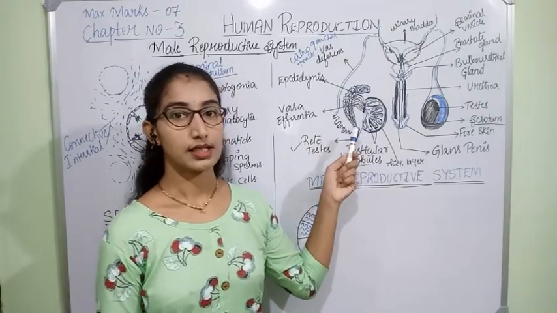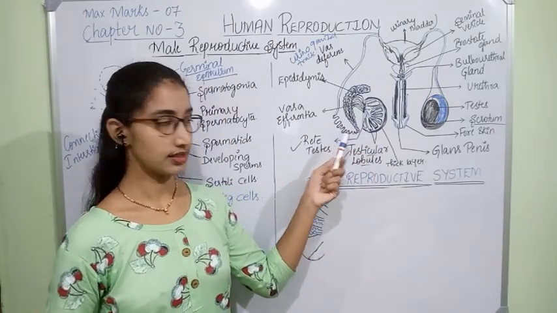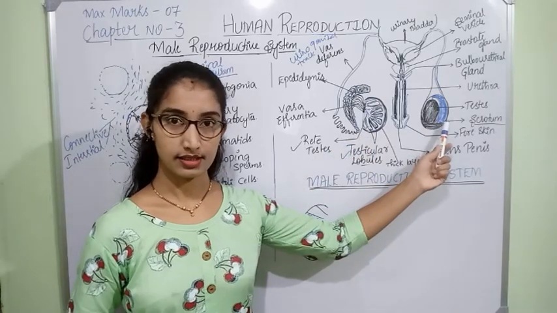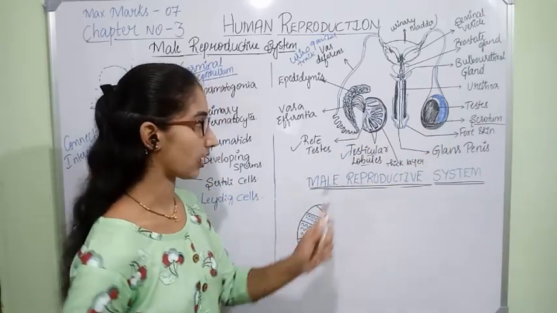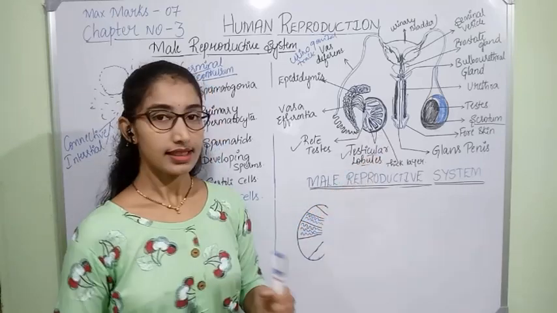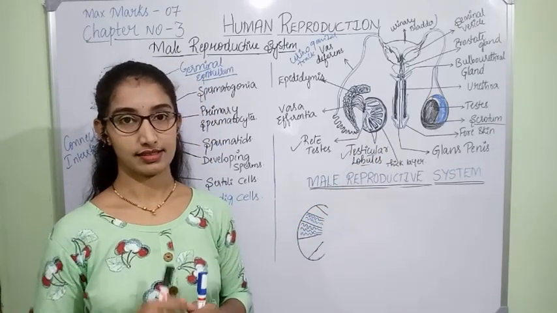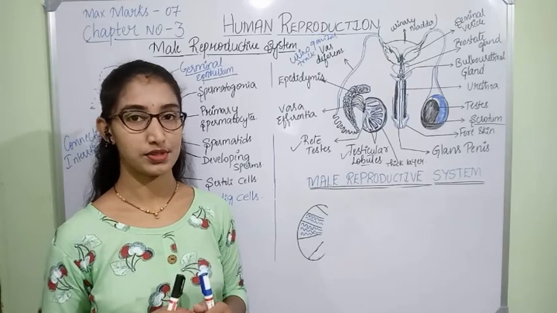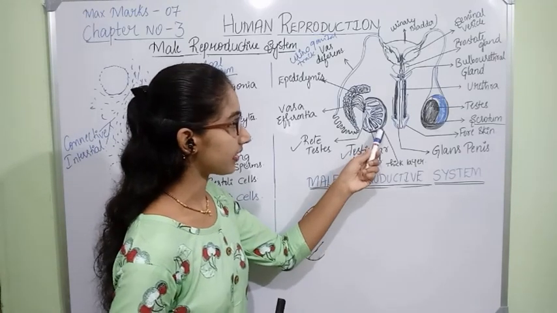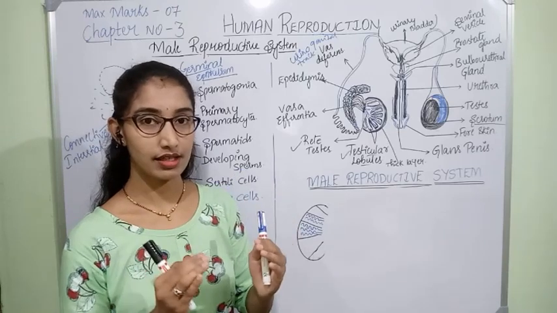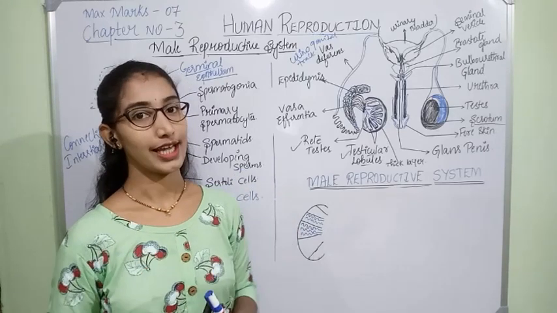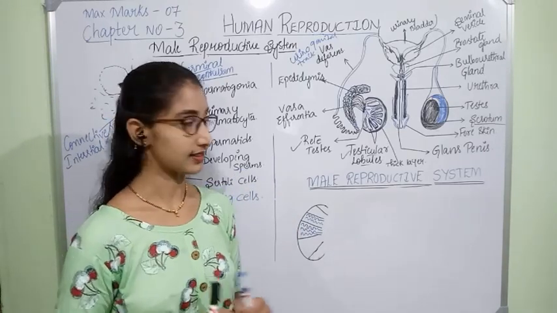As we said, the primary sex organs are a paired testis. Two testes are present, and each testis is completely covered by a layer called the tunica albuginea, which forms a thick coat around the testis.